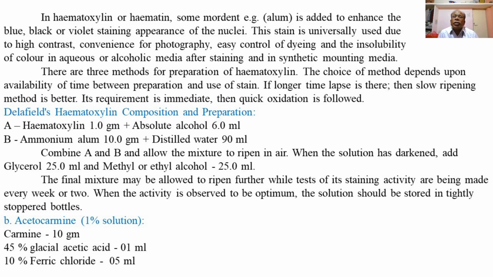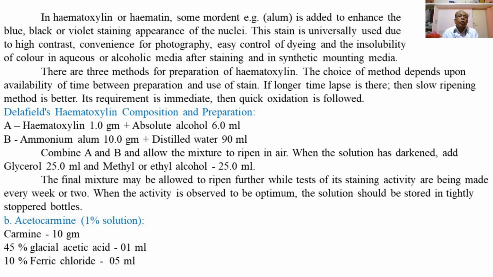The choice of method depends upon the availability of time between preparation and the use of stain. If a longer time lapse is there, then the slow ripening method is used. And if the requirement is immediate, then quick oxidation is followed.